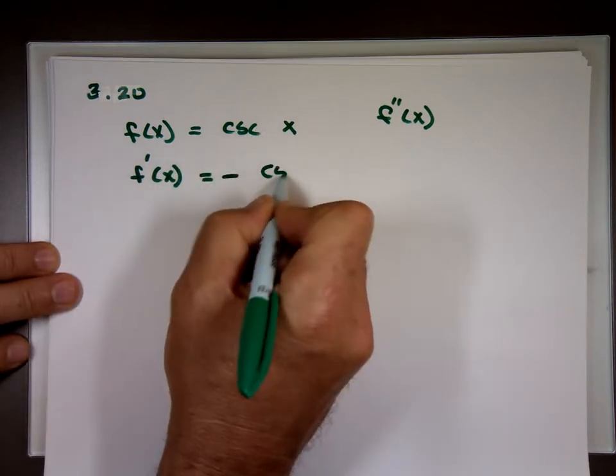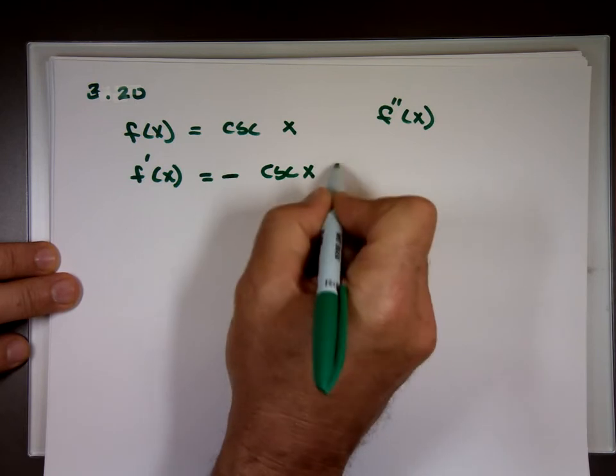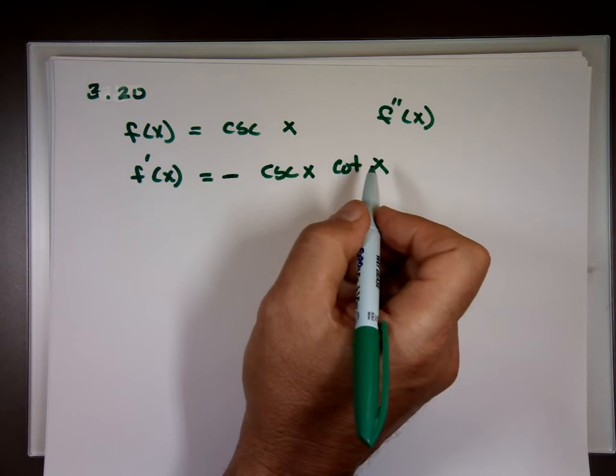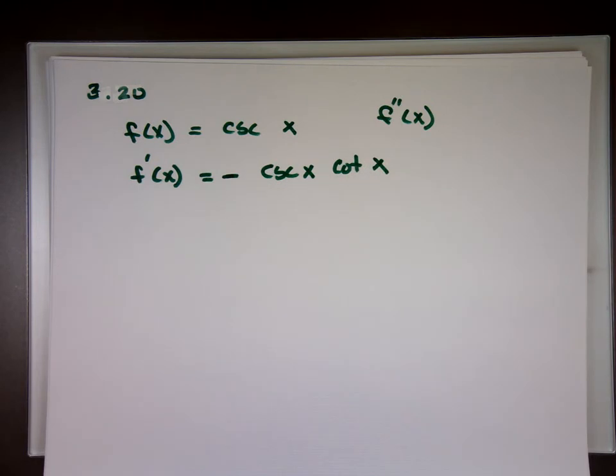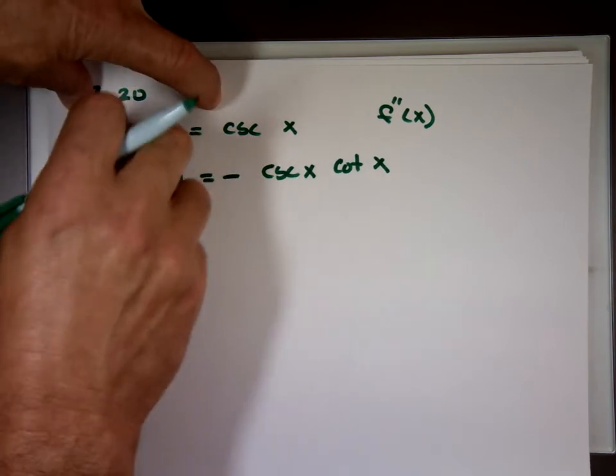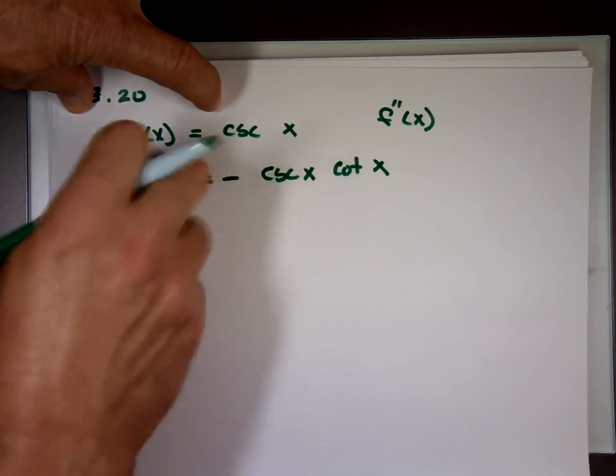Cosecant x, cotangent x. Remember that? That's the first derivative. Done. I should call this y again instead of f. You'll see why in a minute.